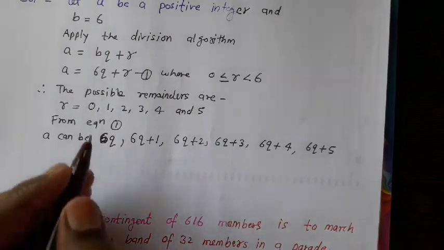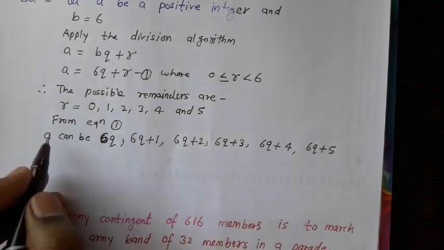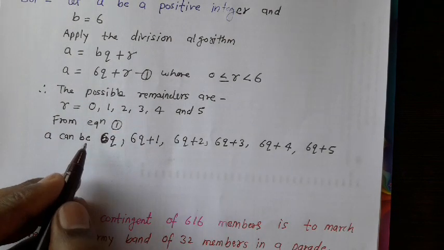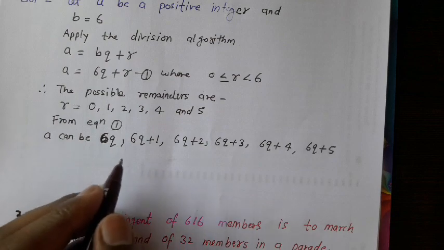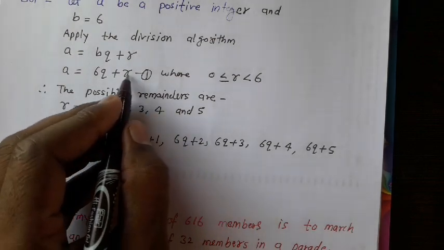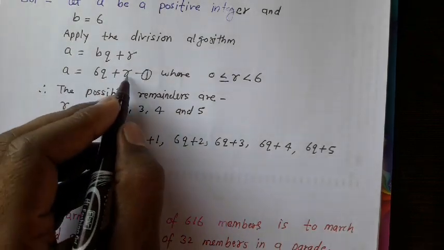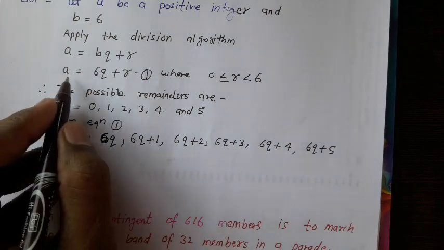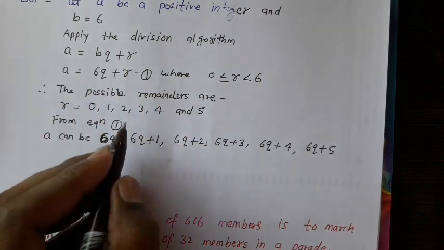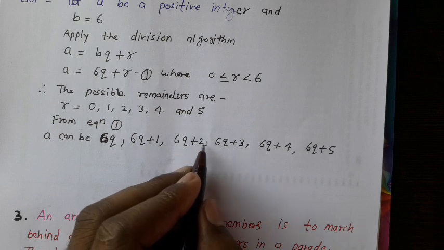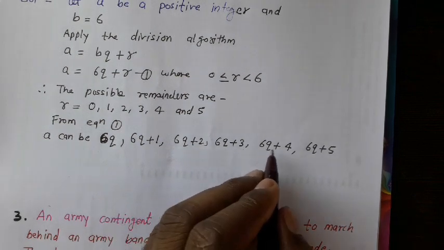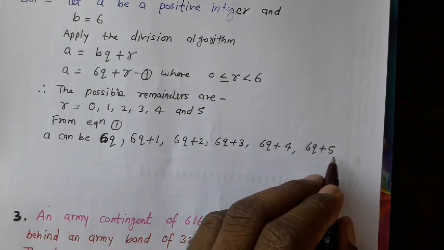Just put the values of r in equation 1 and you get the value of a.